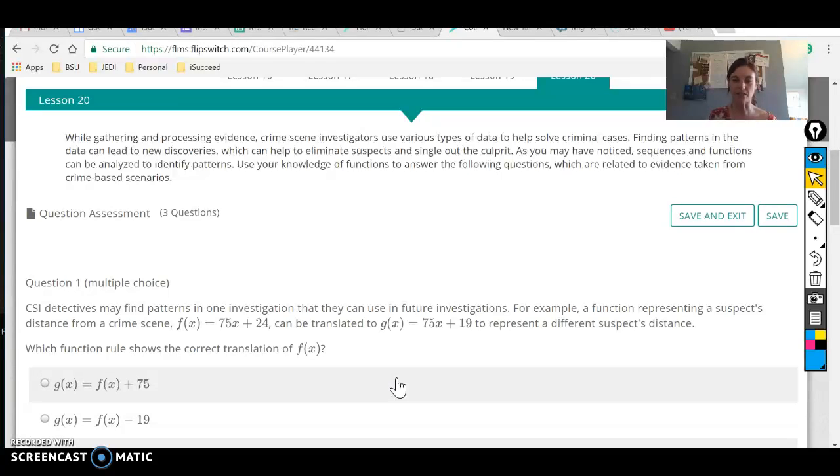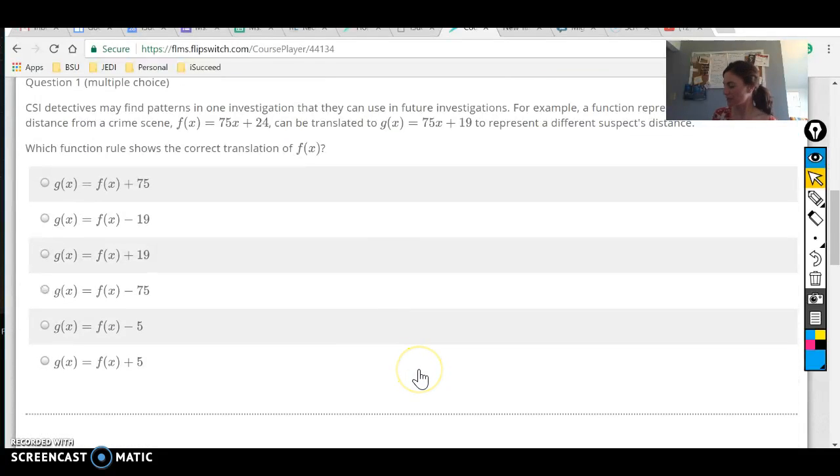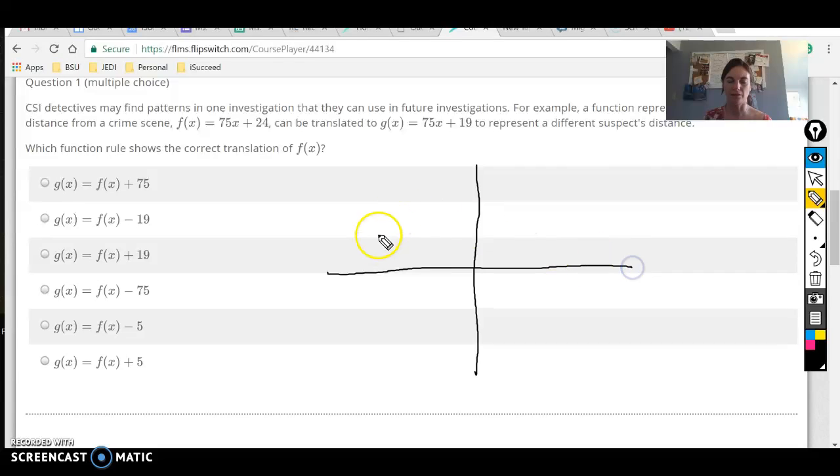So what these two functions actually look like, let's go ahead and do this. Okay, f of x is here at 24, that's our initial value, and our slope is 75.